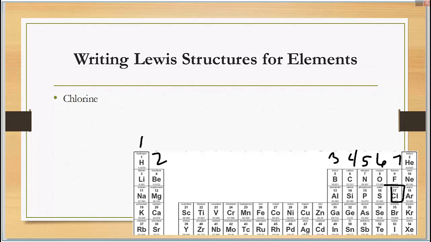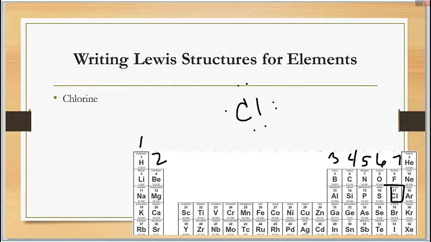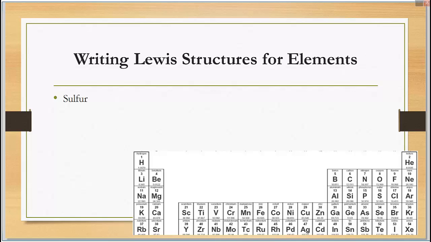So Cl, 1, 2, 3, 4, 5, 6, 7. So you'll have 3 pairs and 1 single. And then sulfur is right here, with 6. We have the letter S for sulfur, and we want 6 dots. 1, 2, 3, 4, 5, 6. 2 singles and 2 pairs.